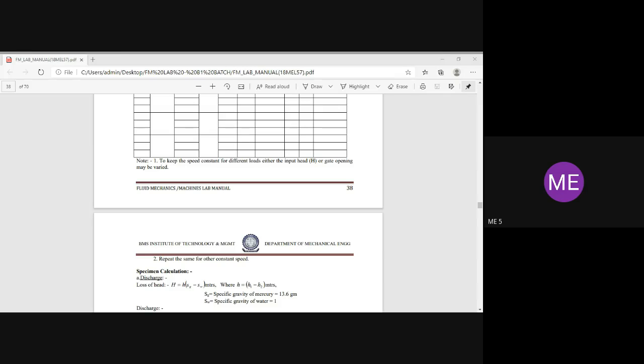Now I am giving for 360-degree gate opening for constant speed. Again, you take N as 900 RPM only for all readings.